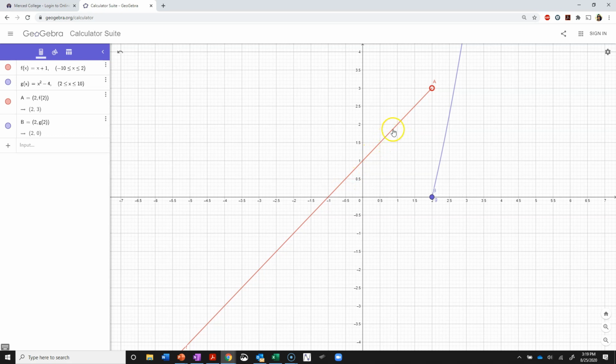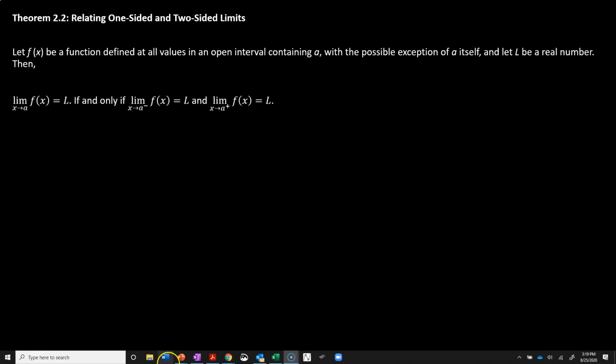And as we get closer and closer to x equals 2, we are approaching the output of 3. If we were, however, looking at the right-sided limit, we'd be on the blue line. We're approaching x from the right, and that value is approaching 0. So this piecewise function is taking us to 2 completely different places, and we're using one-sided limits to see that.